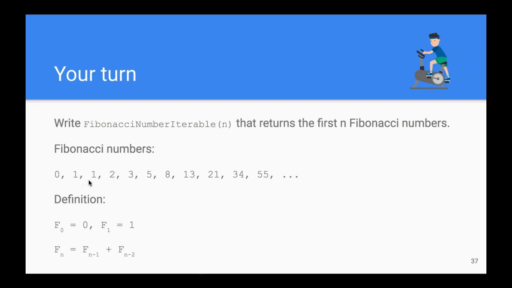So 2 is 1 plus 1, 3 is 1 plus 2, and let's say 34 here is actually 13 plus 21. All right, so pause the video and give this a try.